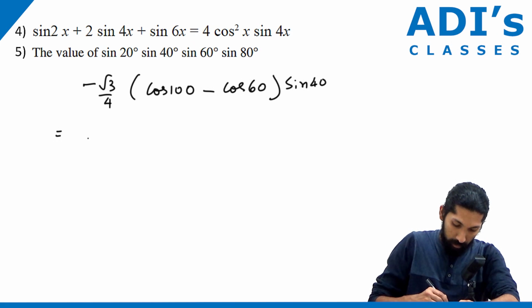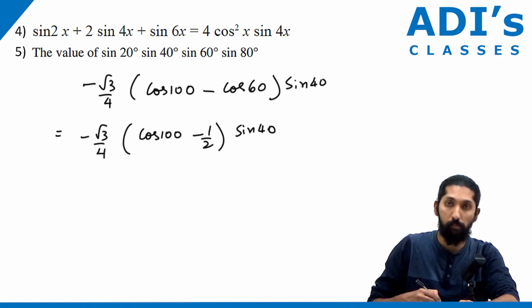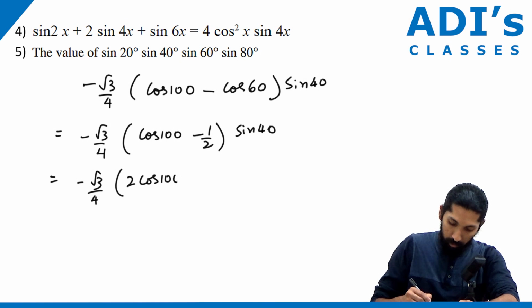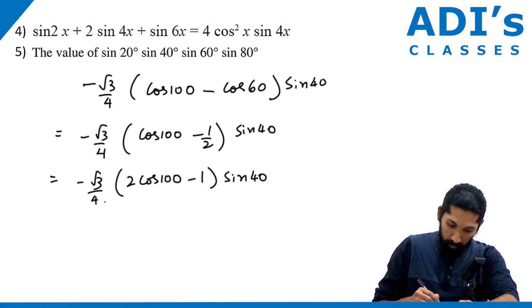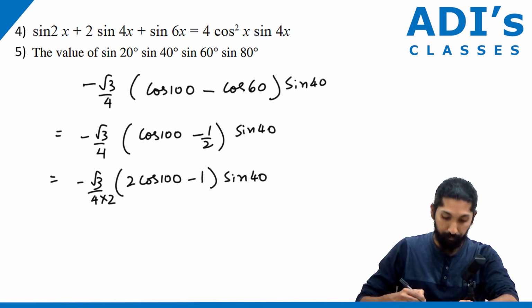So you can write this as minus root 3 by 4 cos 100 minus half into sin 40. Correct? Again, take LCM, minus root 3 by 4 into 2 cos 100 minus 1 into sin 40, and this 2 gets multiplied here. Correct?